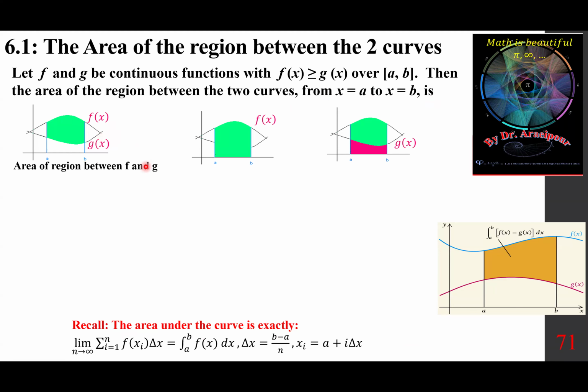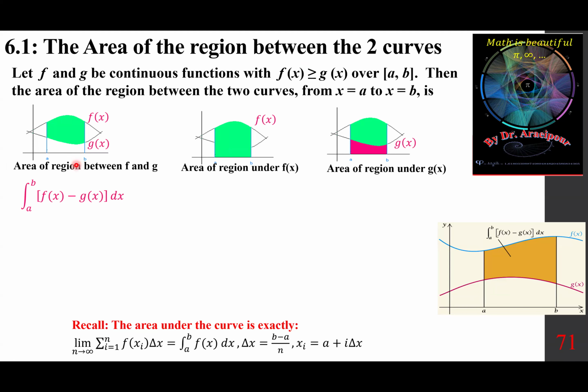So the idea is the area of the region between f and g, this area. So this is f, this is g, and f is above g. That's what this means. F is above g. This one is area under f only. This one is area under the g function only.